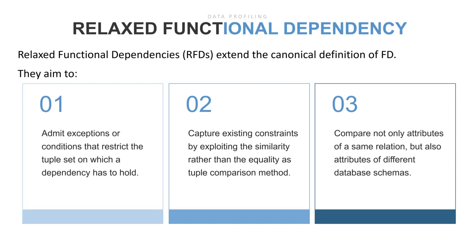In particular, RFDs relax some constraints of the canonical definition by admitting the possibility for a functional dependency to hold on a subset of data, and/or by relying on approximate paradigms to compare pairs of tuples, and finally, by admitting the possibility of comparing attributes of different database schemas.